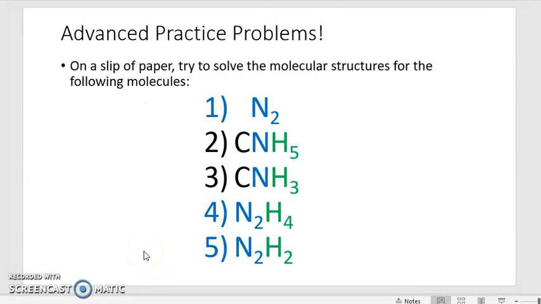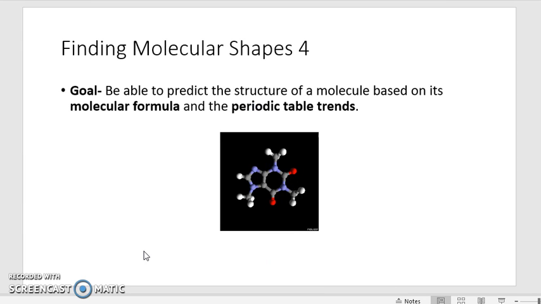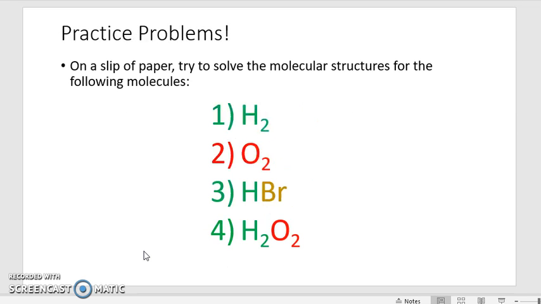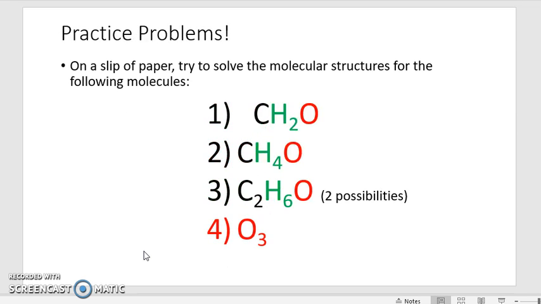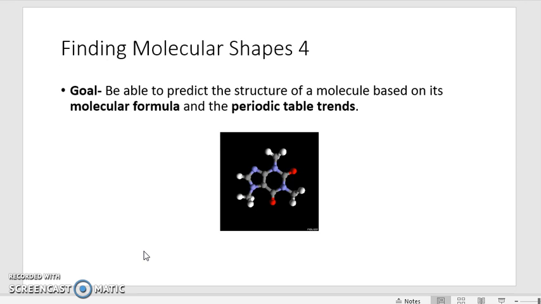Considering that this is the last video in the Finding Molecular Shapes series, I hope that you have found it helpful, and that you have found this series of practice problems beneficial in trying to figure out how to predict what a molecule is shaped like based upon the atoms in the molecule and the ways that the periodic table says they ought to be bonded.